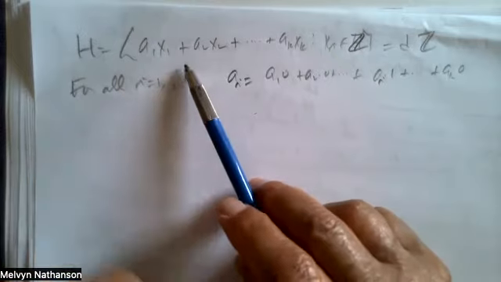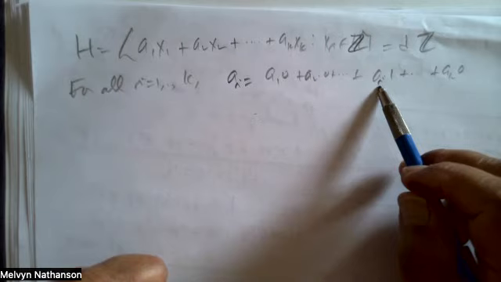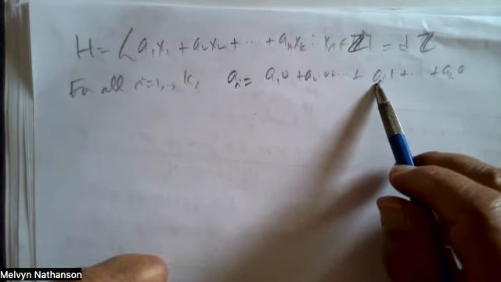So if I take the particular integral linear combination of the a's where the coefficient of Ai is 1 and every other coefficient is 0, that's just the number Ai.